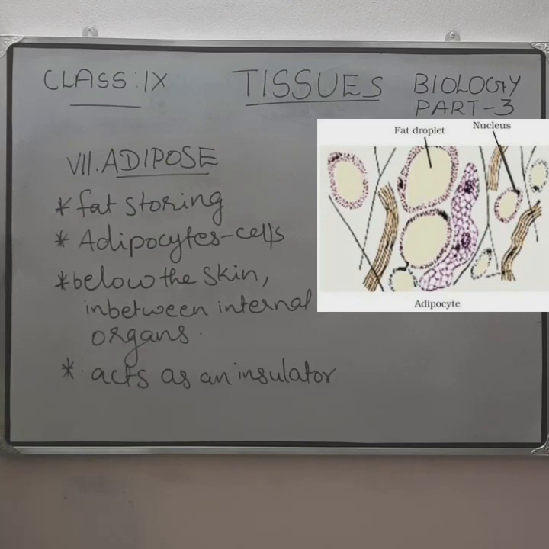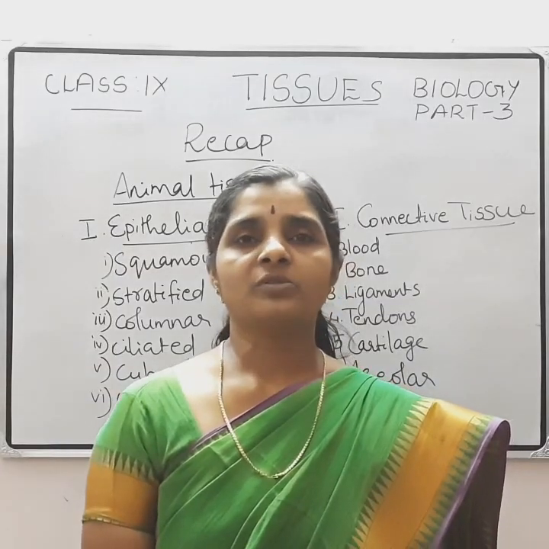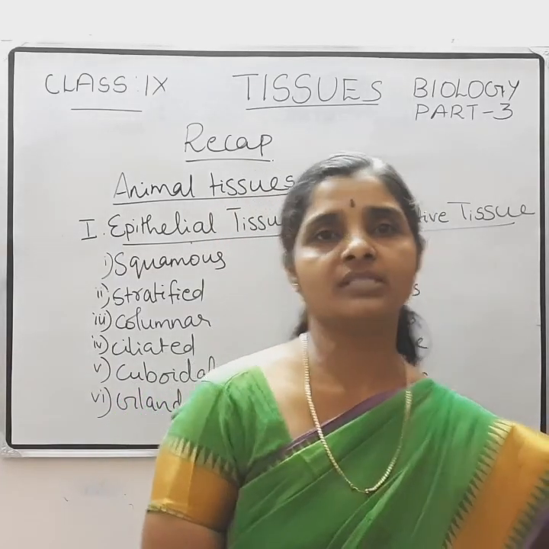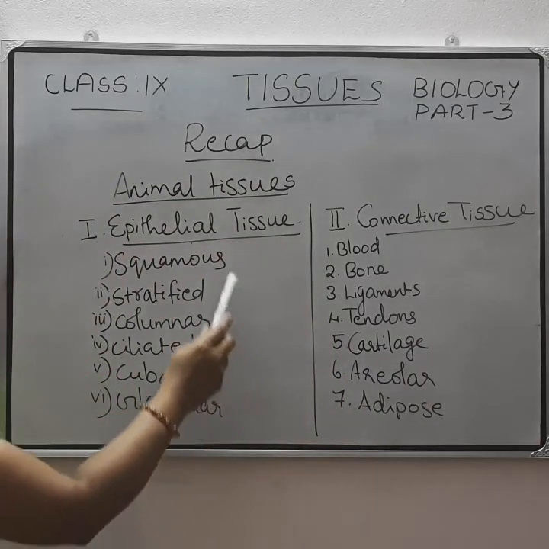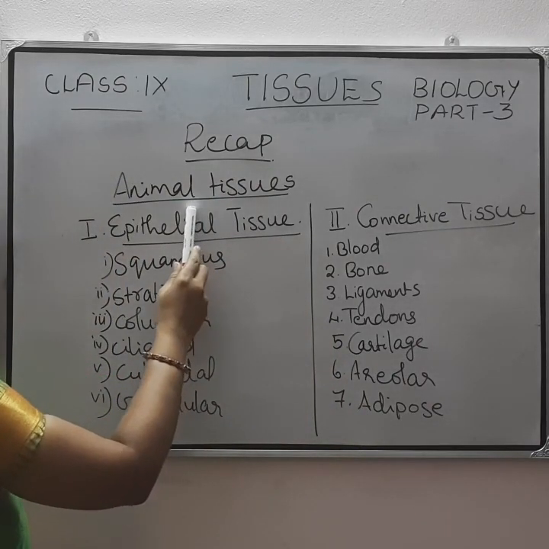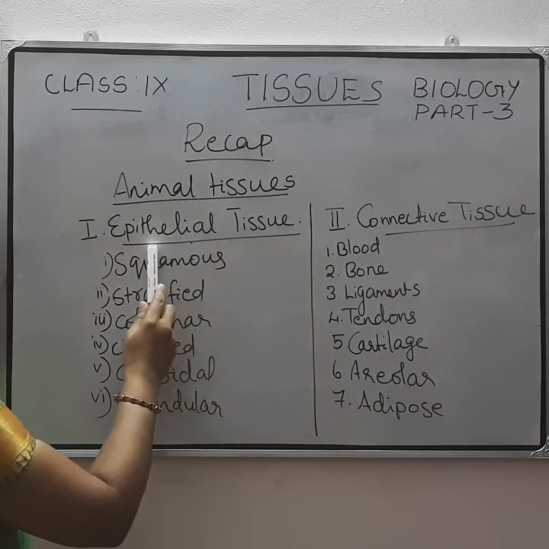These are about different types of connective tissues. So we studied about blood, bone, cartilage, then tendons, ligaments, areolar tissue, adipose tissue, etc. Let's recap today's topics. We have completed these topics. First, animal tissues, of that, epithelial tissues.